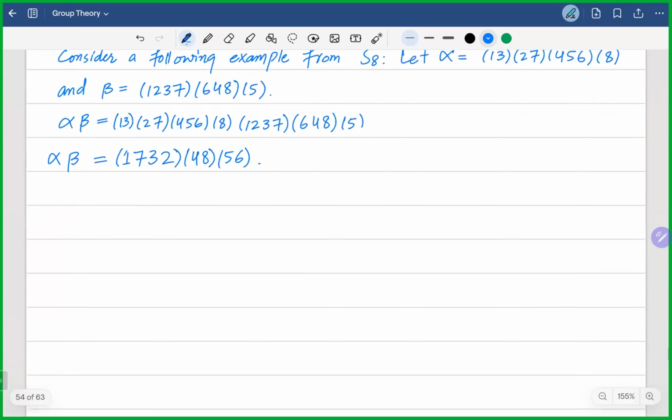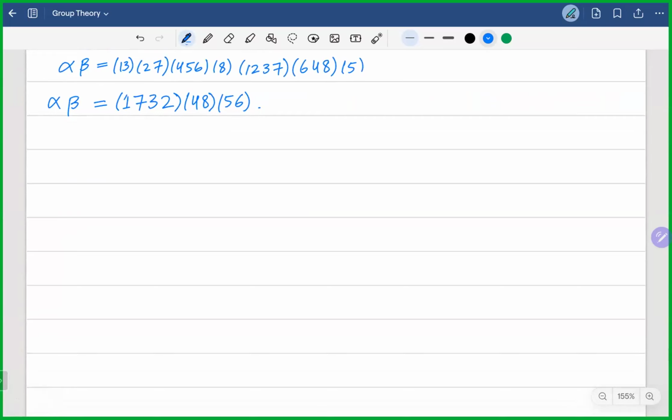Okay? So let's say we have two permutations, alpha and beta.